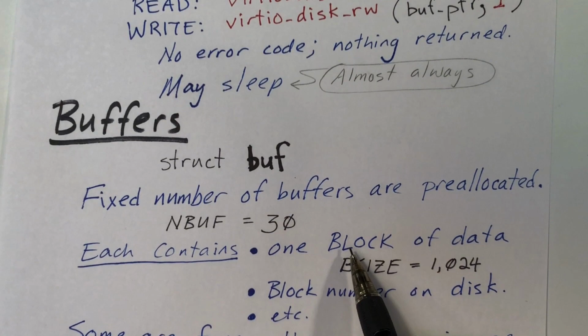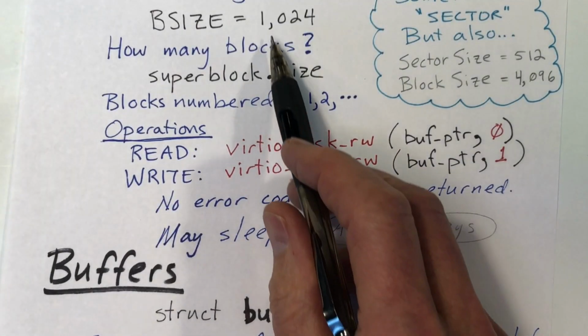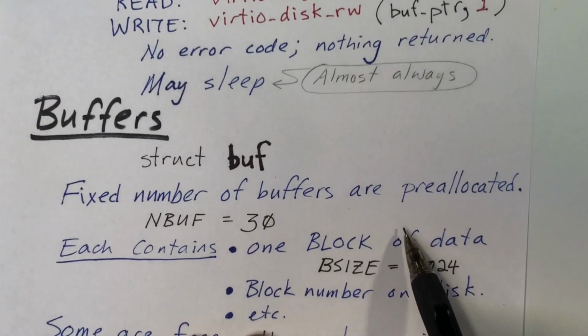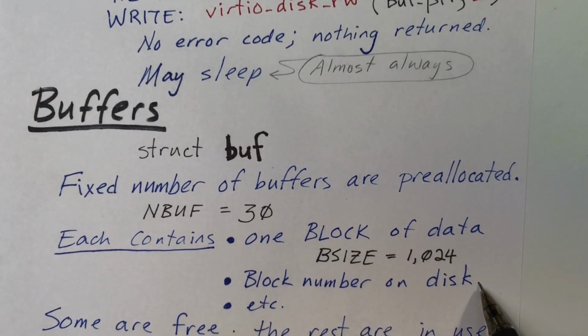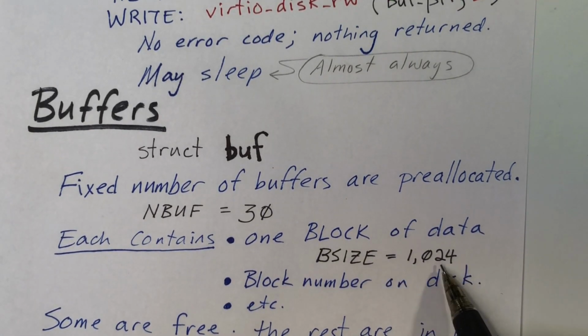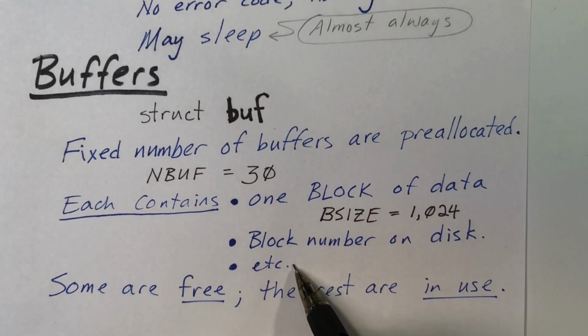And each one has enough space for exactly one block of data. In our case, of course, it's 1024 bytes. In addition, we have the block number for which this particular block of data is a cache. So which block on the disk is held in the buffer. And there's some other variables, some other fields that are used for synchronization. We'll get to those in a second.